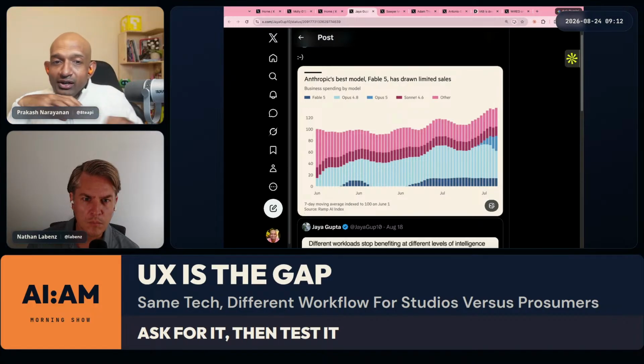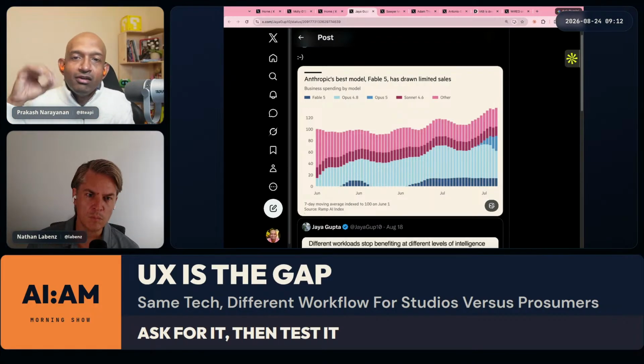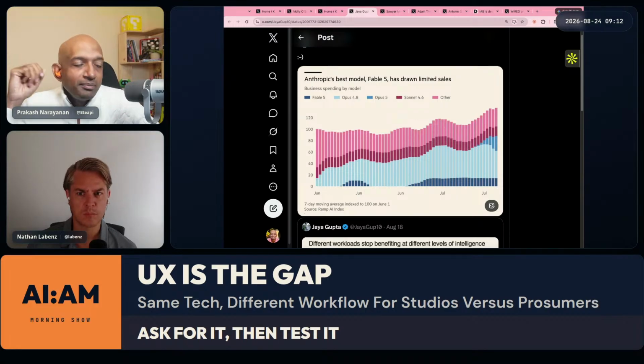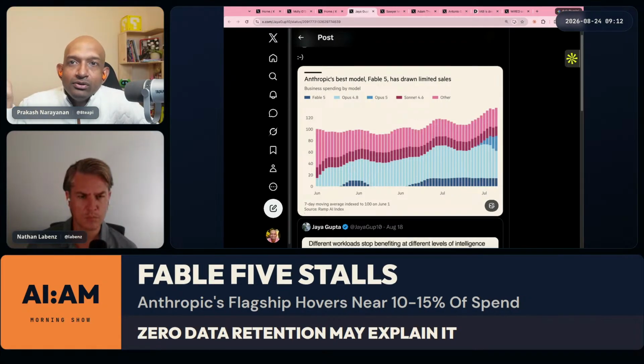Some people have also pointed out, though, that this is a little bit of an unfair comparison, because Fable 5 does not have zero data retention. Zero data retention basically means that if you're a company and you use the model, the provider is not retaining any data, including personally identifiable data, et cetera. For many companies, if you cannot provide a zero data retention policy, it's a no-go. The entire thing is a no-go.